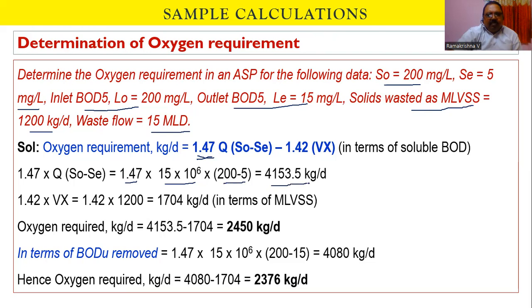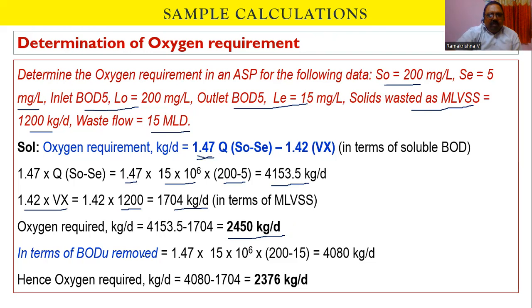This is equal to 4153.5 kilograms per day. And the second term we calculate here: 1.42 into Px, 1.42 into 1200 kg per day in terms of MLVSS, which is already given here, is 1704 kilograms per day. So oxygen required is the subtraction of the first and second terms, which is equal to around 2450 kilograms per day. It's a rounded off value.